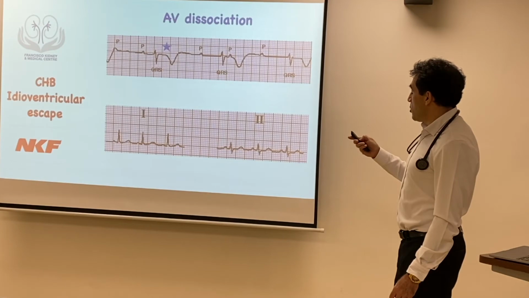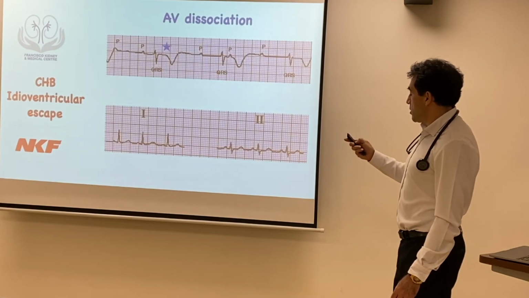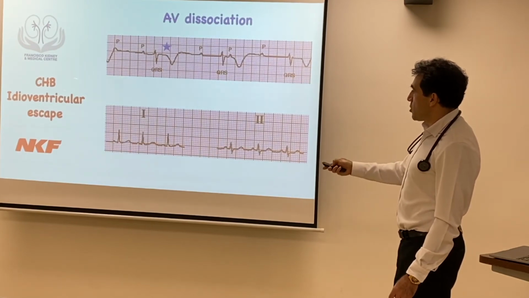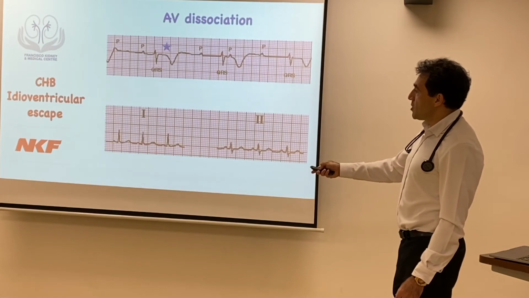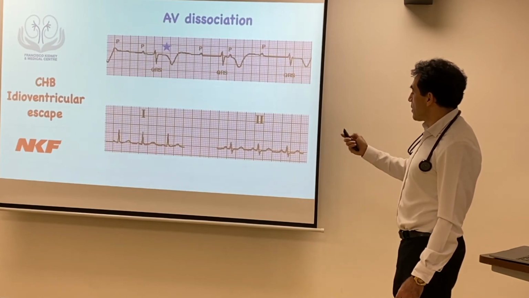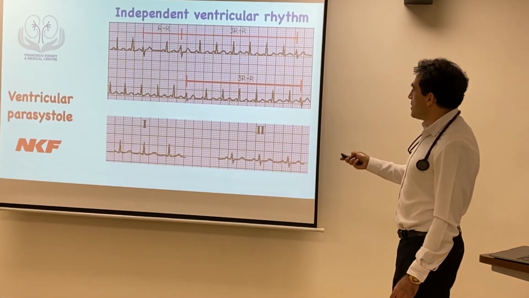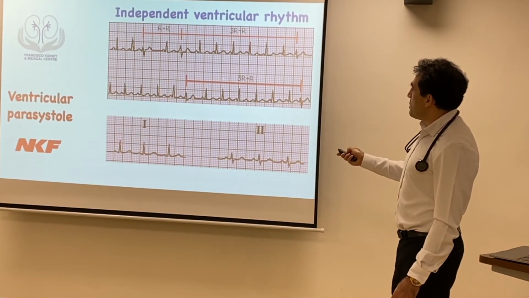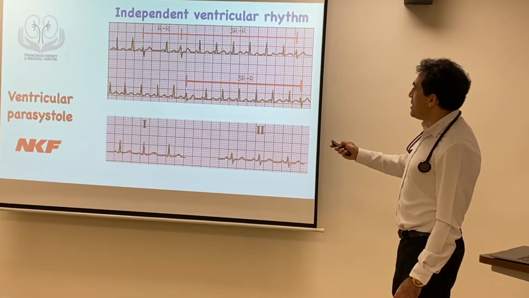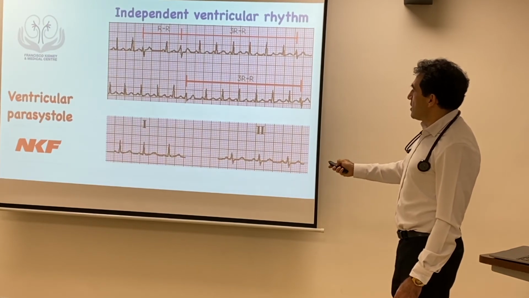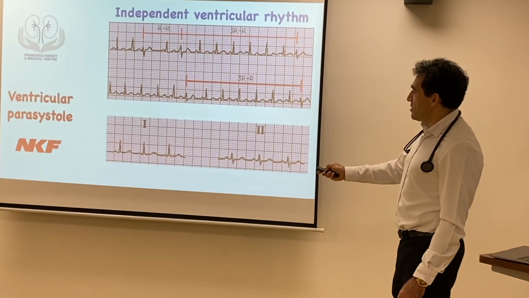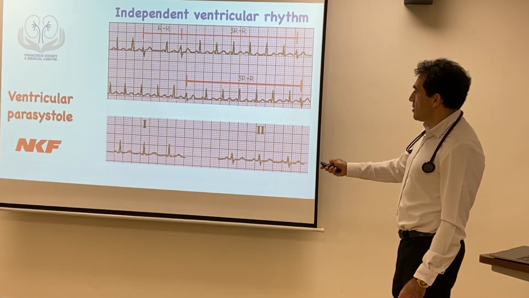We already commented on this, it also comes from the ventricles, this ventricular escape rhythm. There is something called ventricular parasystole. But what it means is there is an independent ventricular rhythm. You can see here there is the rhythm, yeah, the normal one.